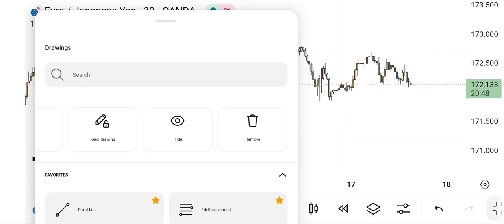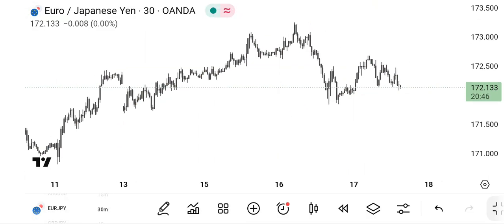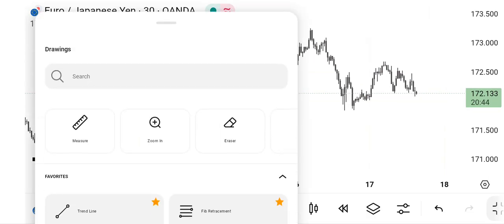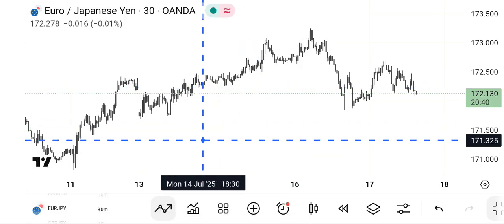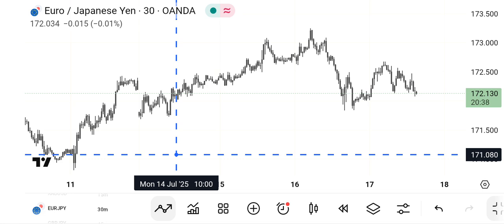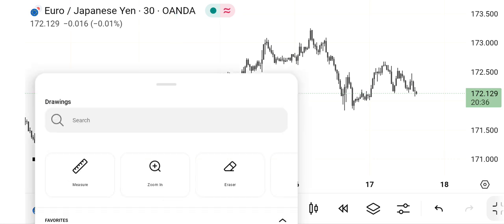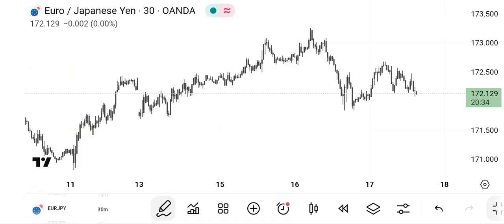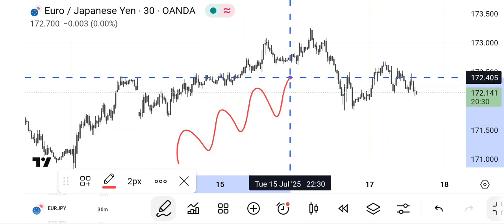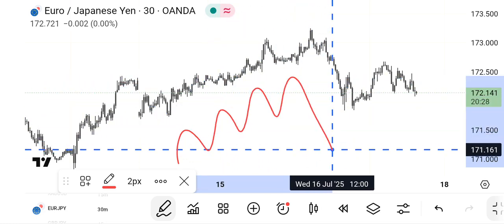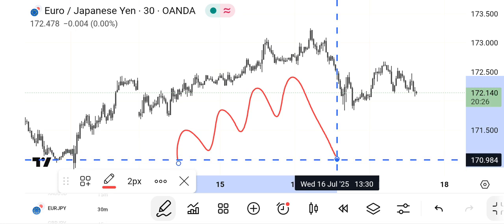The strategy that I use is just trend line, breakout, and retest. So for example, we have this. Market has been trending this way, then we have a change in the market structure.